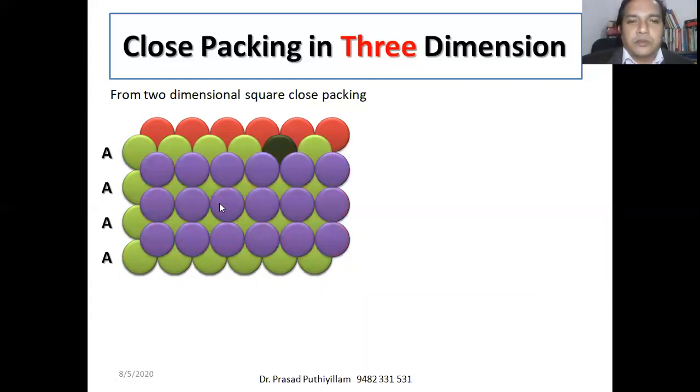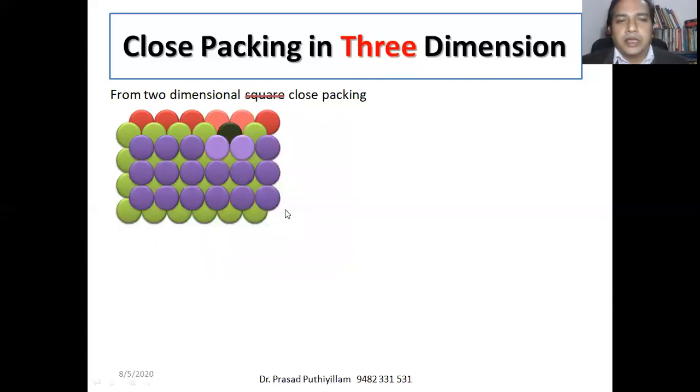Okay, now whether this is AAA type square close packing, whether the three-dimensional structure is formed from AAA type of square packing or not, that is the question. Okay, here I have to say that an atom which is covered by four atoms, all those images you can imagine. But here when we observe, this molecule is not formed from two-dimensional square close packing.